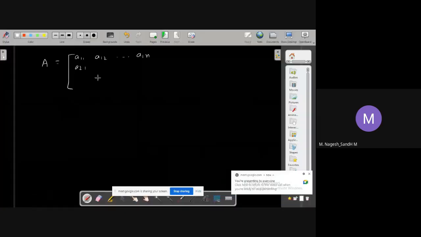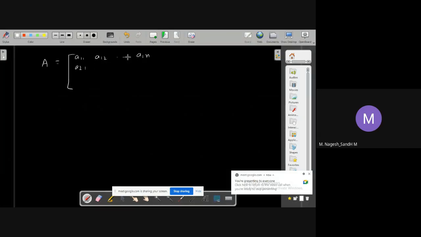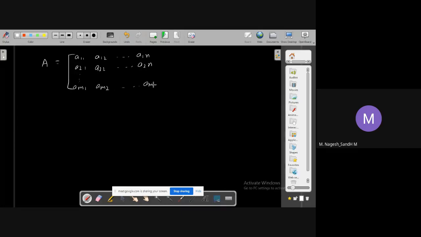So now the matrix elements are A11, A12, A1n, A21, A22, A2n, up to so on A31, A32, in the same way up to so on Am1, Am2, up to so on Amn.